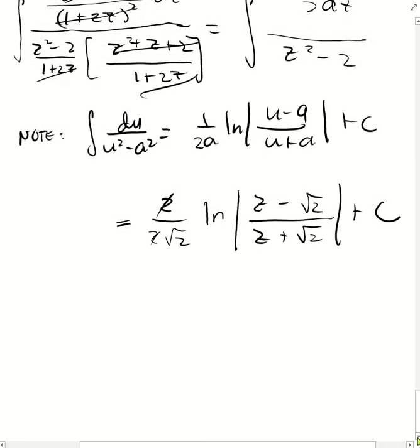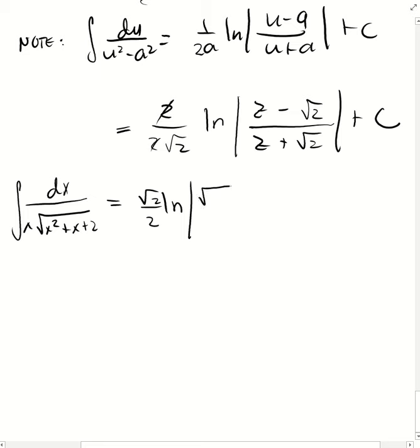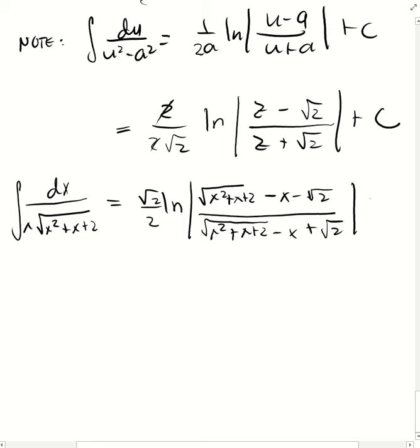So the final answer now will be the integral of dx over x times the square root of x squared plus x plus 2 is equal to 1 over square root of 2, or square root of 2 over 2, ln of z, which is the square root of x squared plus x plus 2 minus x, minus square root of 2, all over the square root of x squared plus x plus 2 minus x, this time plus square root of 2, plus c. And this is now our final answer.